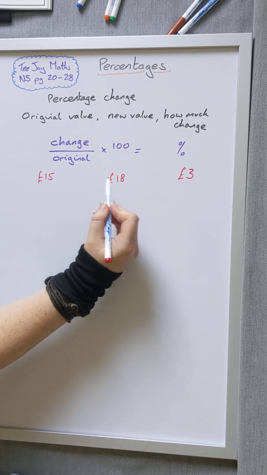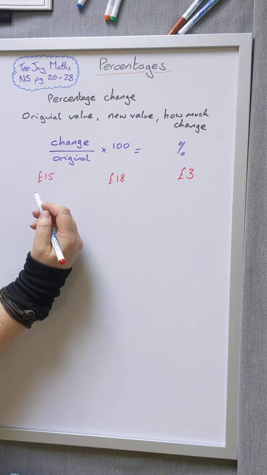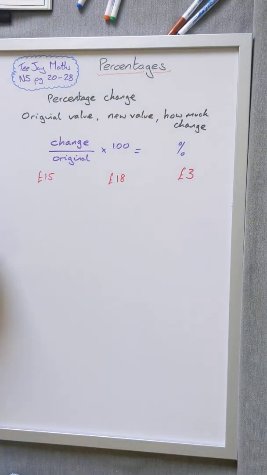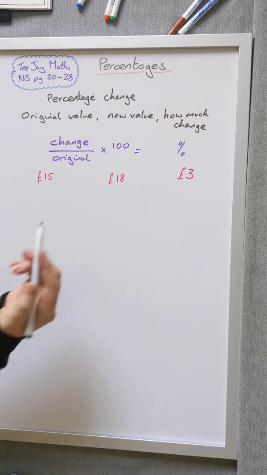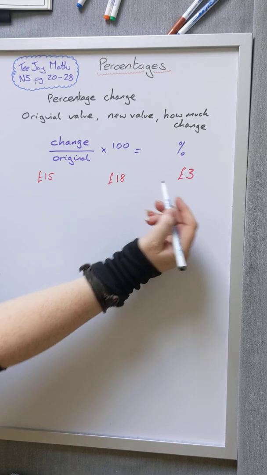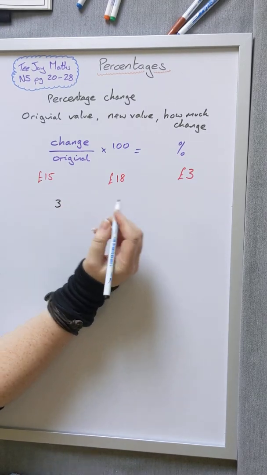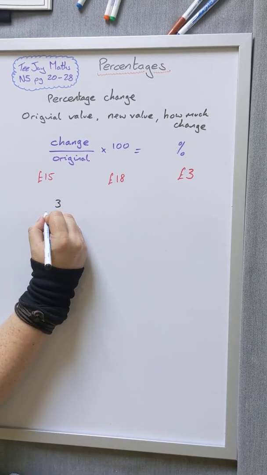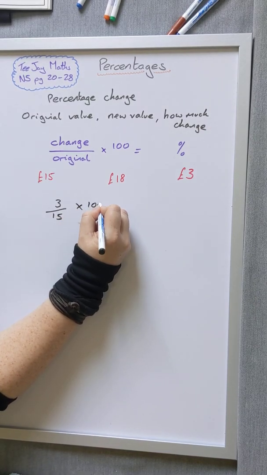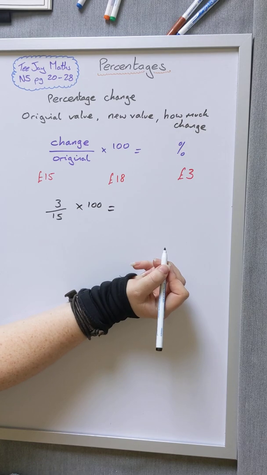We can either say it's 3 up or it's 3 down. What it is, is a difference of 3. All we're going to do here is stick these numbers into our formula. So our change is 3. Our original value was 15, and we're going to times by 100 to get the percent.